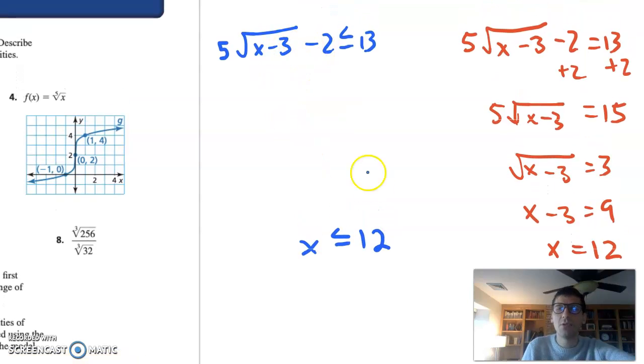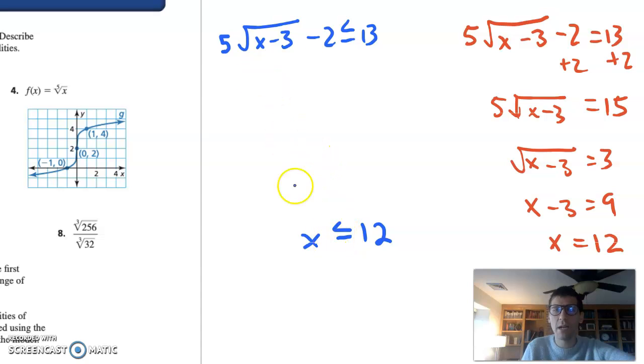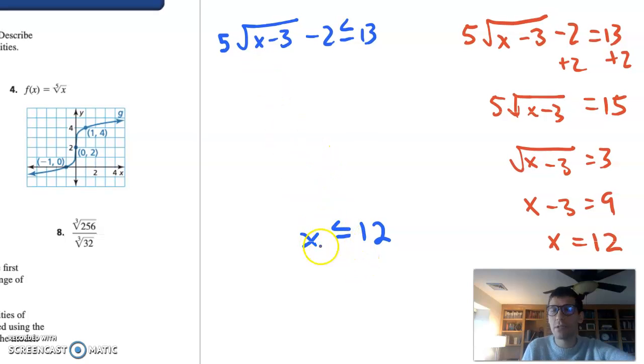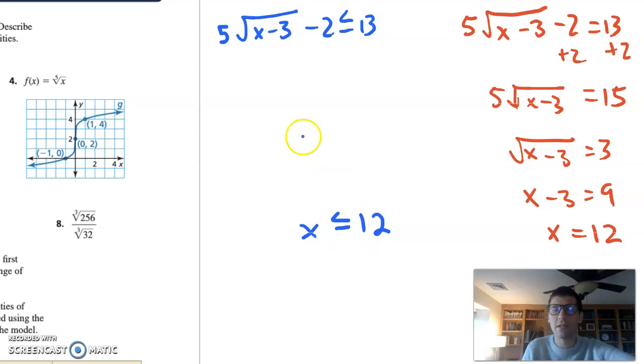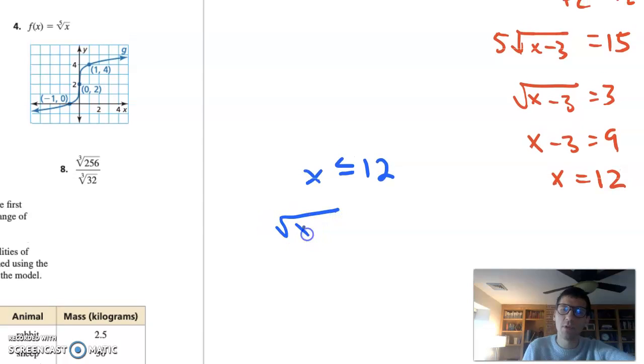What I need to now do, and this is the difference in the two, is consider the radicand. Are there any limits that I need to add here on this answer set of x is less than or equal to 12 that would cause a problem given my radicand? Well, I know that a square root cannot have a radicand that is negative.